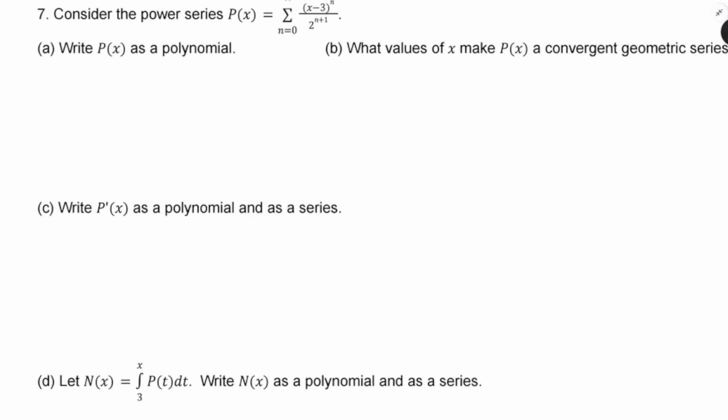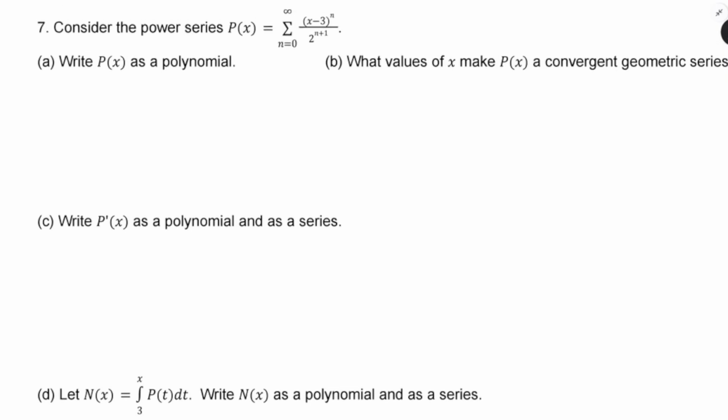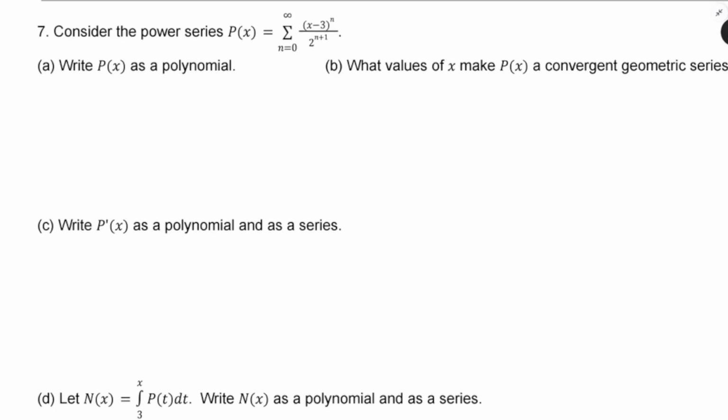Number 7, we've got a power series. Write p of x as a polynomial. So it's like write out the terms, kind of like we did on the other ones. So starting with n equals 0, x minus 3 to the 0 is going to be 1 over 2 to the first power. So 1/2 plus, when n equals 1, I'll have x minus 3 to the first divided by 2 times 2, which is 4.